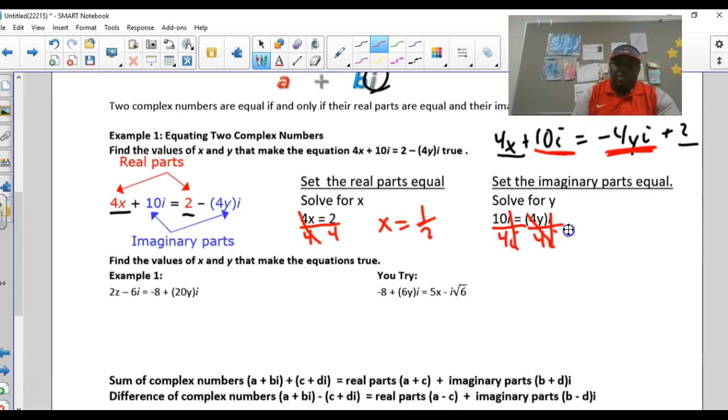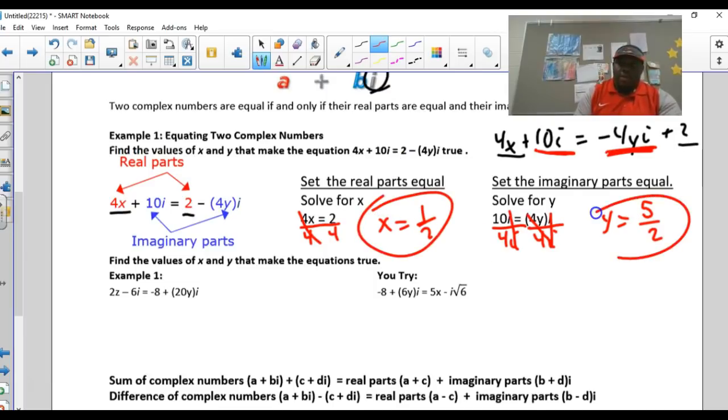Both are divisible by 2, so y equals 5/2. So the x and y values to make this equation true are x equals 1/2 and y equals 5/2.